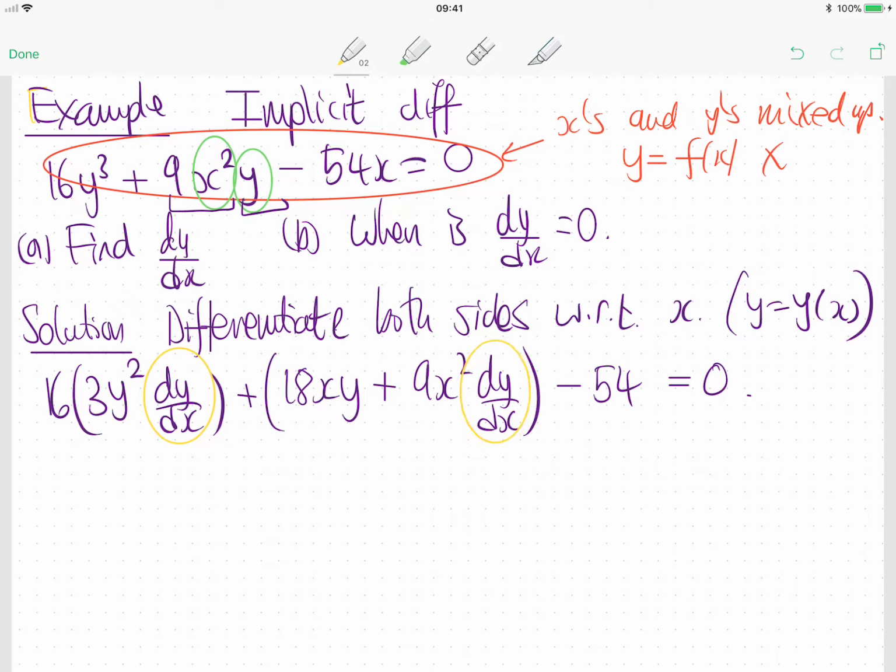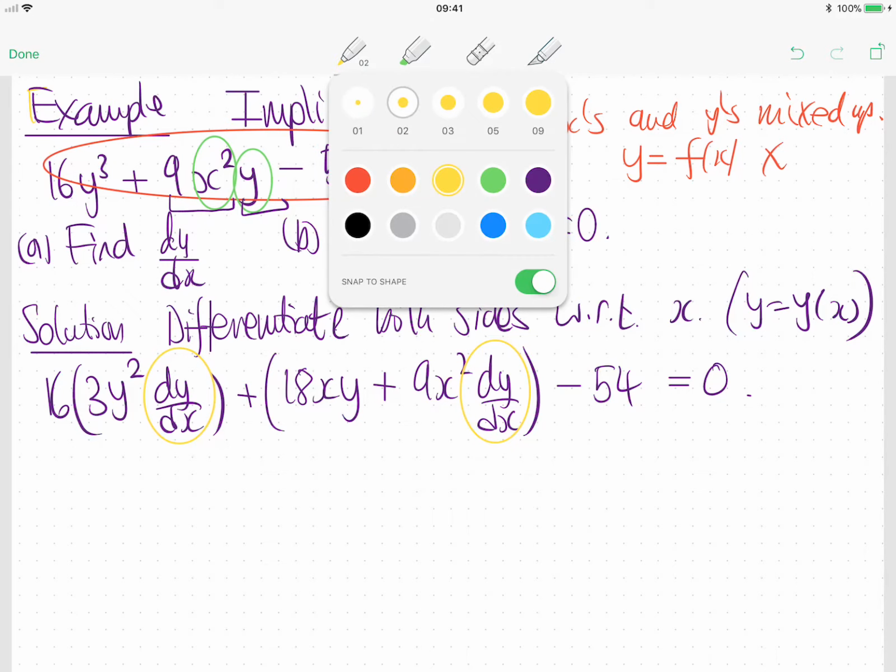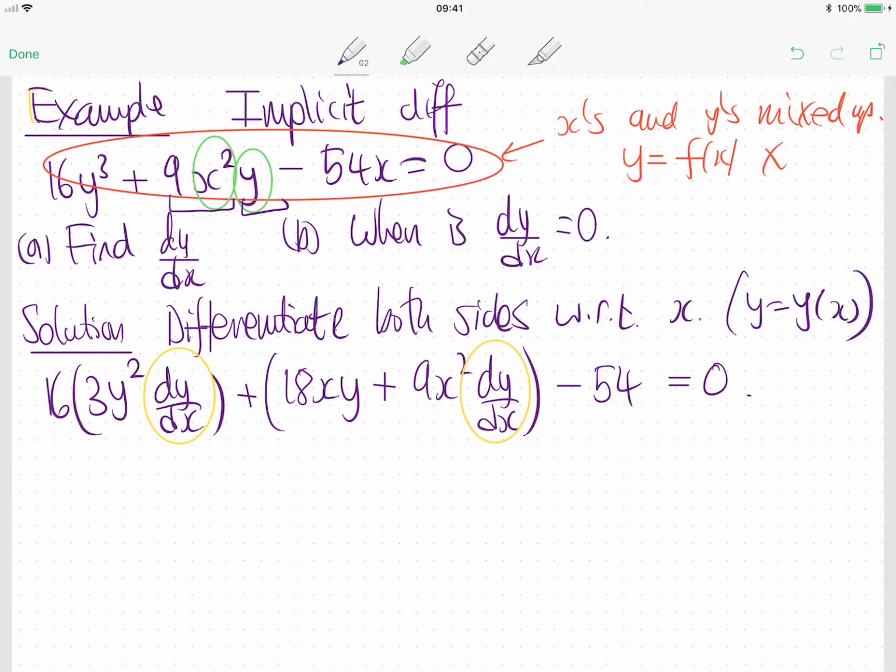We want to collect together all the dy dx terms. So just circle those. I find the simplest way to do this is to write dy dx and then open up a bracket and find how many we have in total.